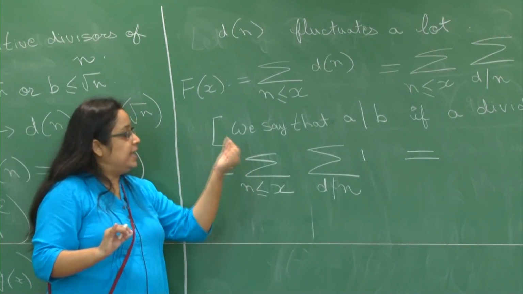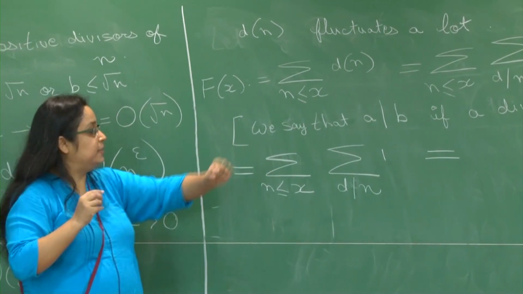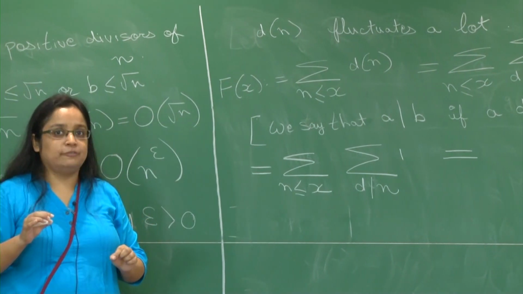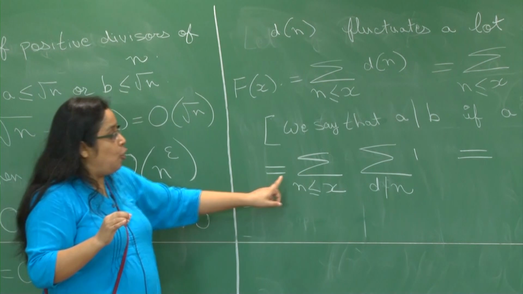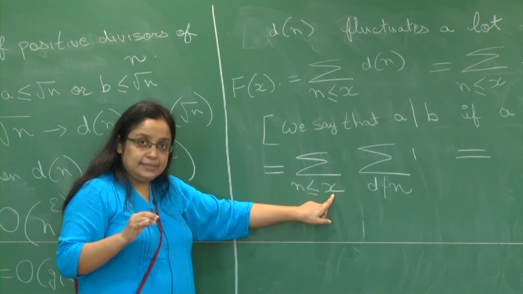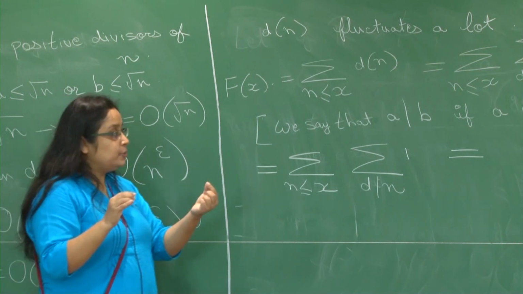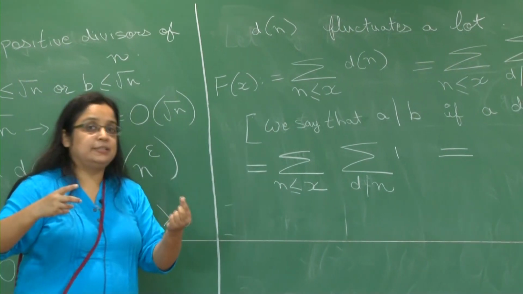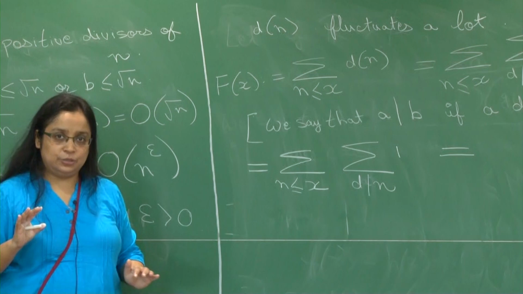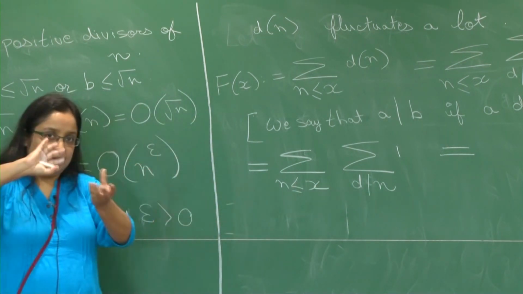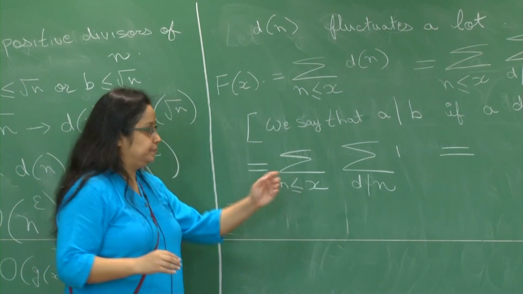Instead of taking all the numbers up to x and then every possible divisor for each of them, let us take all possible numbers up to x, and for each of those numbers, let us also take all possible multiples of that number which are less than or equal to x. They will count exactly the same quantity, you are just counting them in a different order.